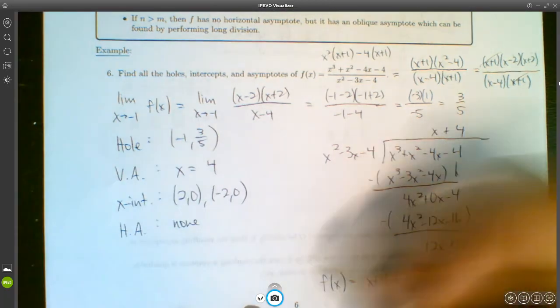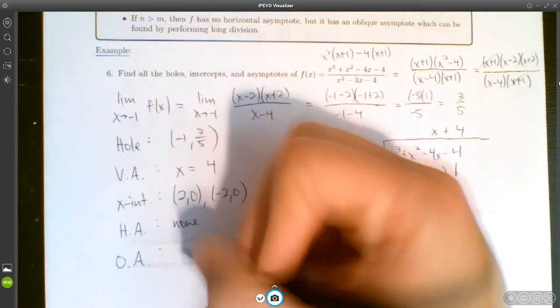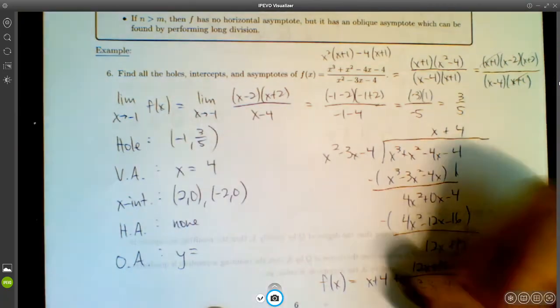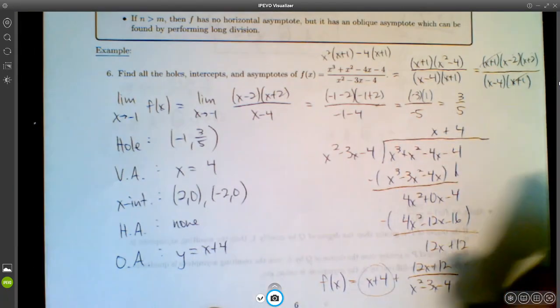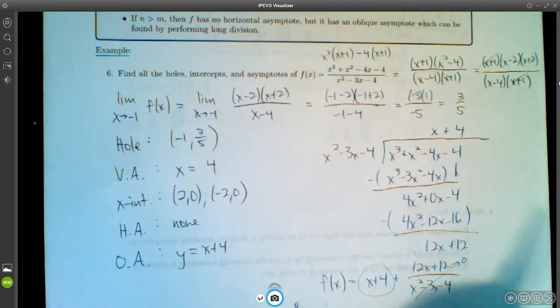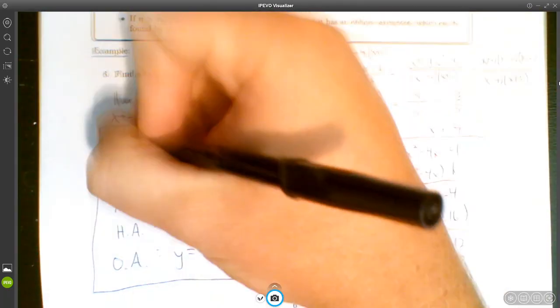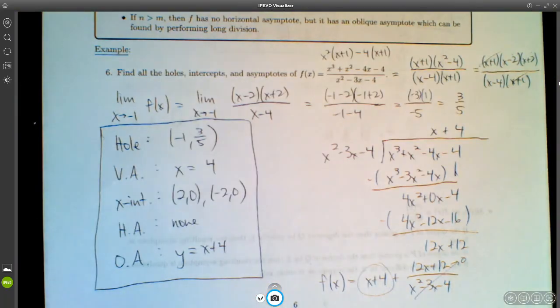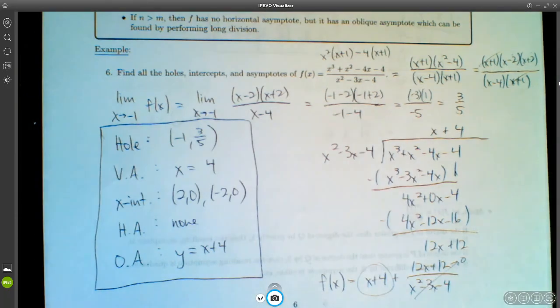Okay, so that tells me that my oblique asymptote is going to be y equals x plus 4. Right, that's that part, because this goes to 0. So at y equals x plus 4, I have an oblique asymptote. So there are all of my pieces of information that I've been able to get from looking at this function.